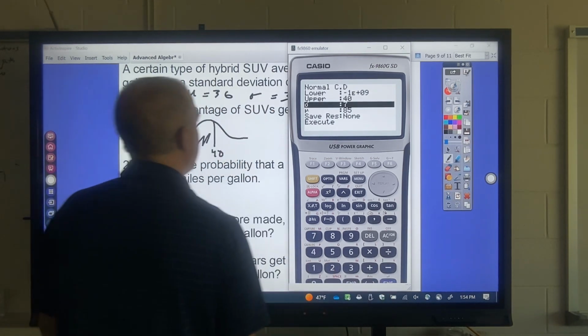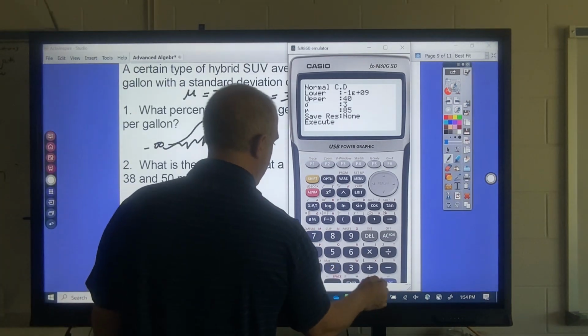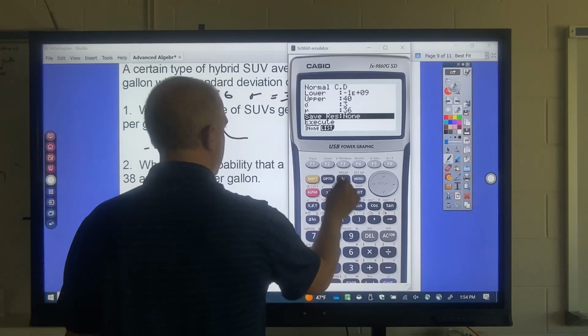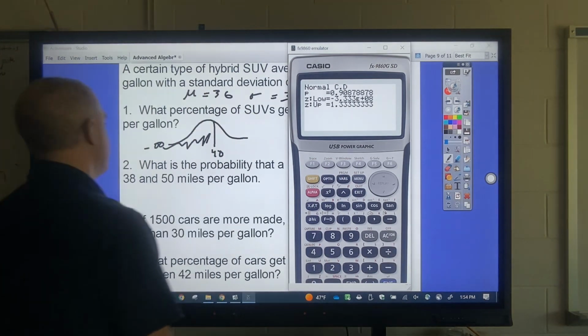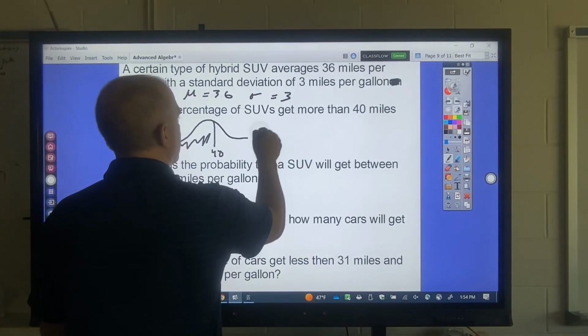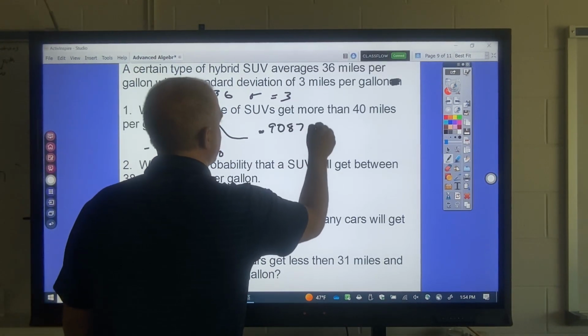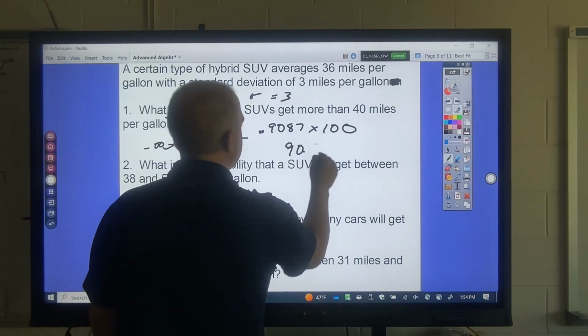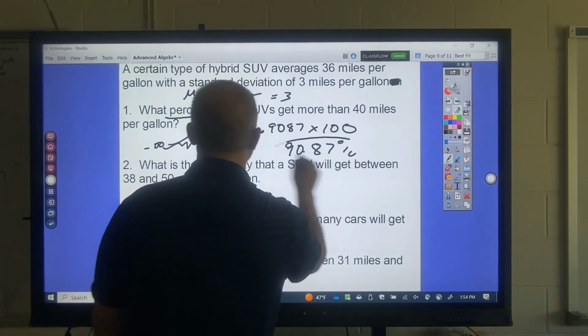I have to change my standard deviation to 3, then 36. First, the probability is 0.9087. What I want to do is multiply by 100 because it says percentage. That's going to turn out to be 90.87%.